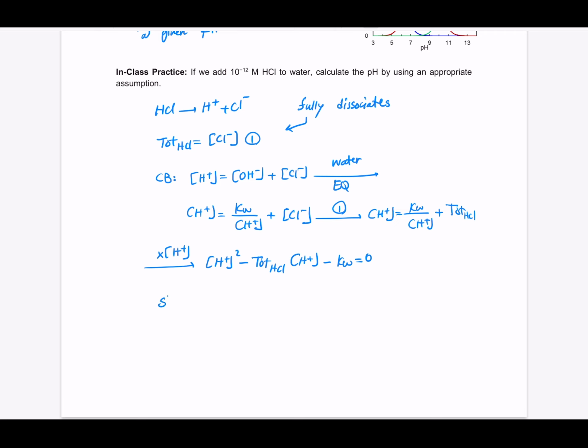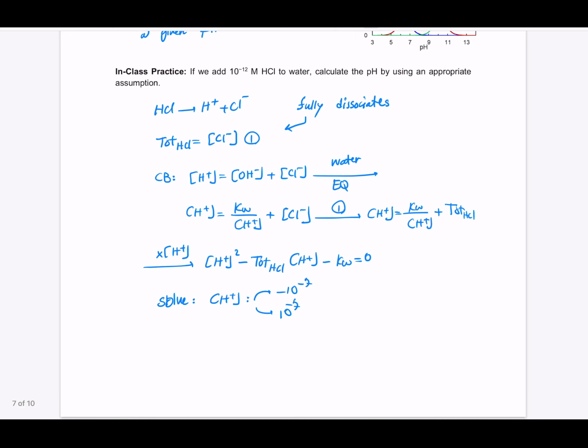If we solve it, then H plus we get minus 10 to the minus 7 and also 10 to the minus 7. We know this doesn't make sense.